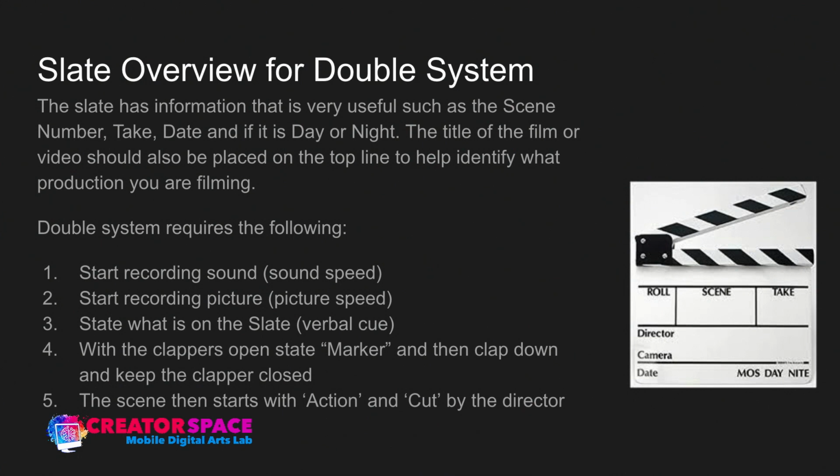So if it's a narrative film and there's a script, you want to identify everything with it. So here's the following steps. So basically we start recording sound, speed is set, start recording picture, speed is set. Then we state what is on the Slate. So usually you say, chocolate fudge, scene 1, take 1. And then when the clapper's open, we state marker, and then you clap down and keep the clapper closed.